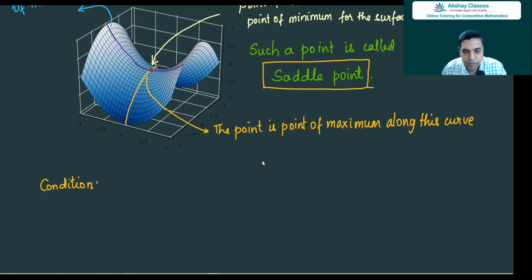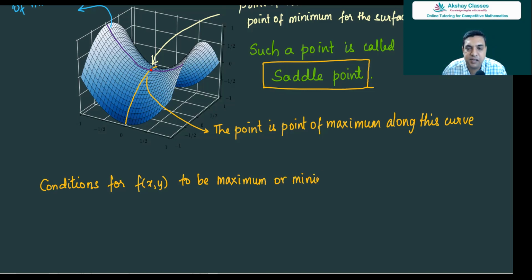Conditions for f of x comma y to be maximum or minimum at some point a comma b.